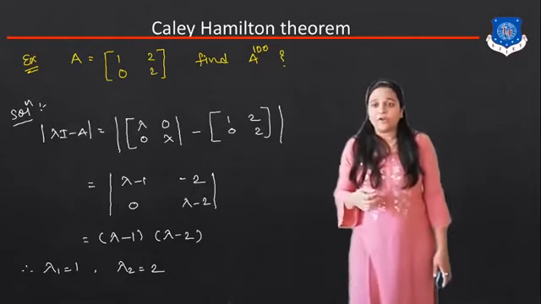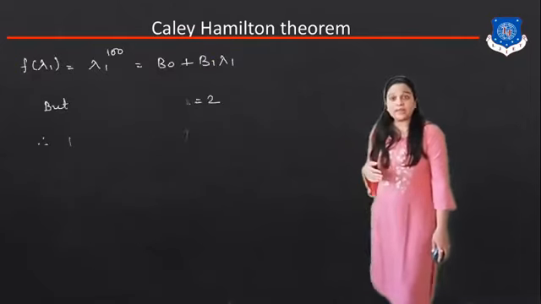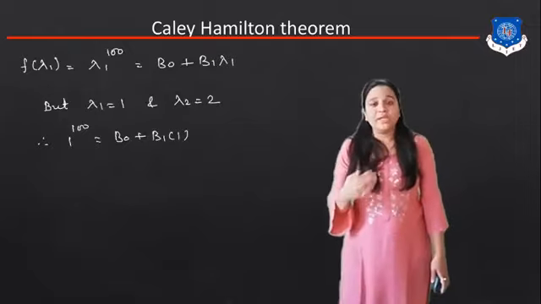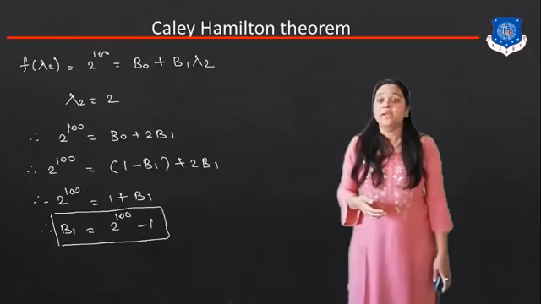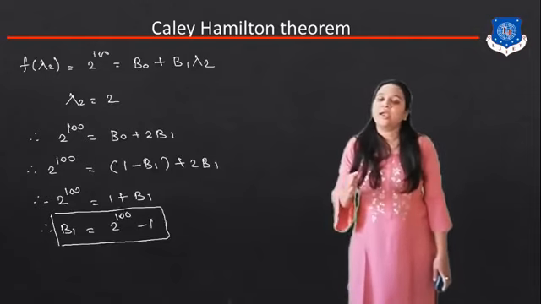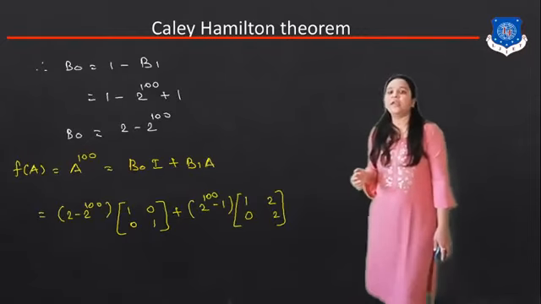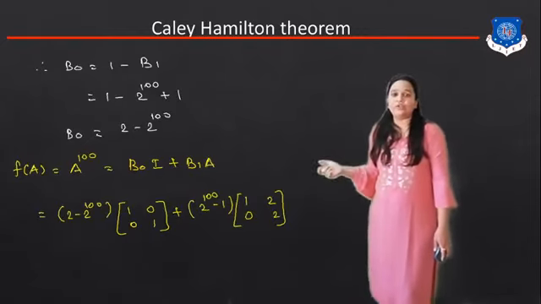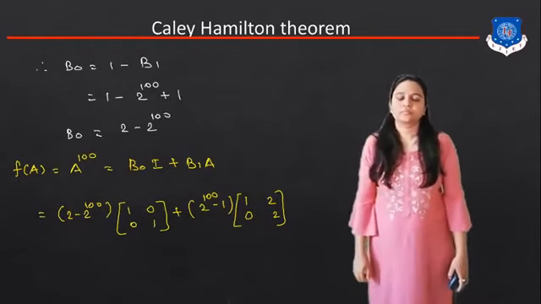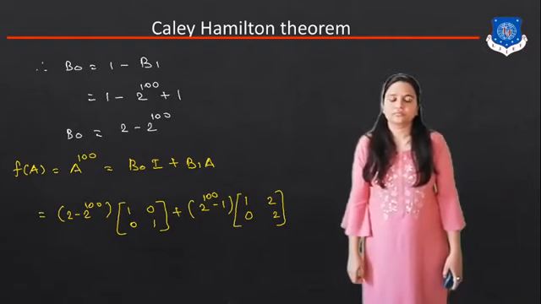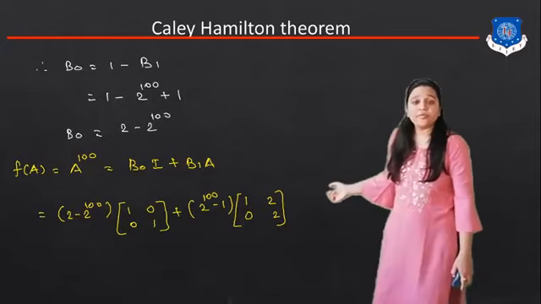Now put the values of lambda one by one in the function of lambda, and then find the value of b0 and b1 using simplification. After that, put the values of b0 and b1 in this function of A equation, and we can get the value of phi of k. So we get this type of matrix.